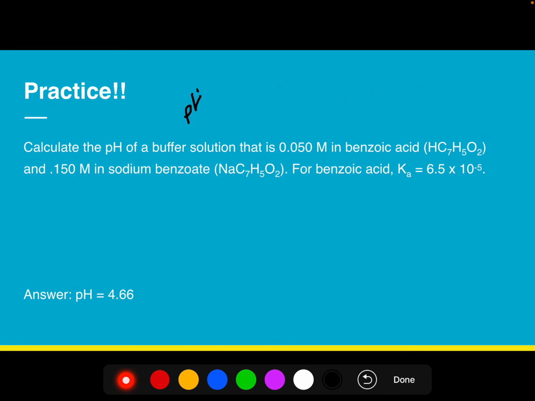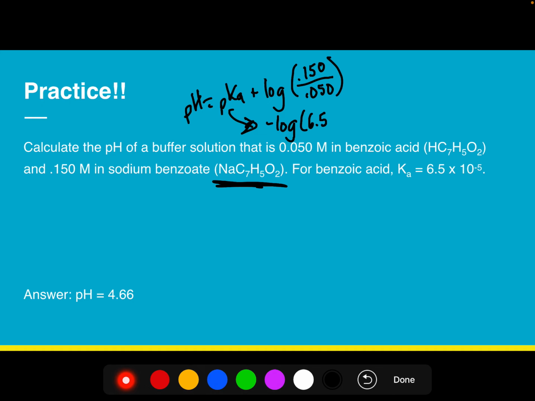Well, pH is equal to pKa plus the log of the base over the acid. Well, in this case, the base is sodium benzoate because it's the salt, 0.150, over the concentration of the acid, 0.050, okay? The pKa is going to be the negative log of 6.5 times 10 to the negative fifth.